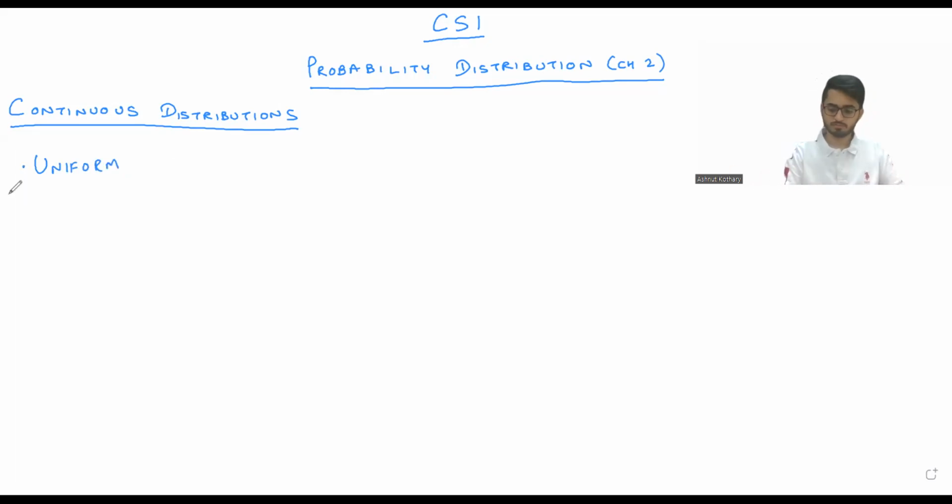First is the uniform. Next, we will take a look at exponential. Next, we will take a look at gamma distribution, then Pareto. Then we will also take a look at general Pareto, or how should I write it? 3-parameter Pareto distribution.